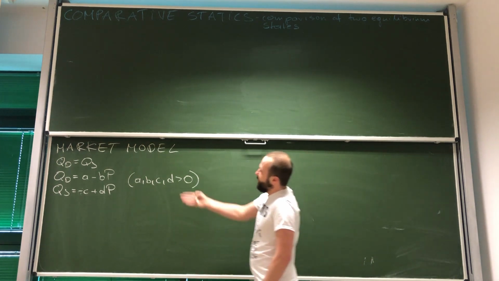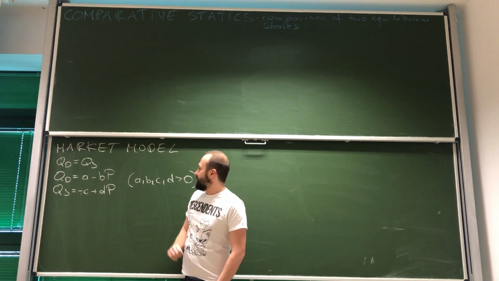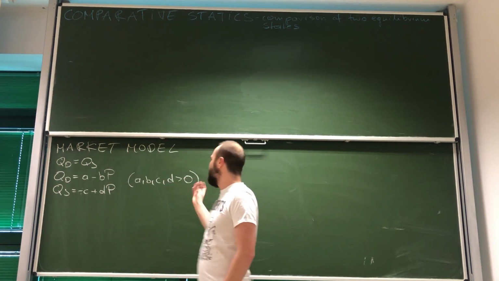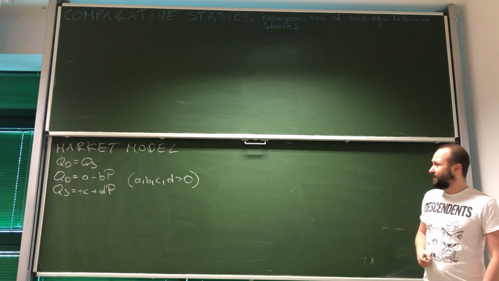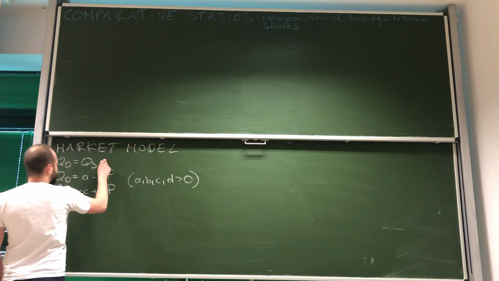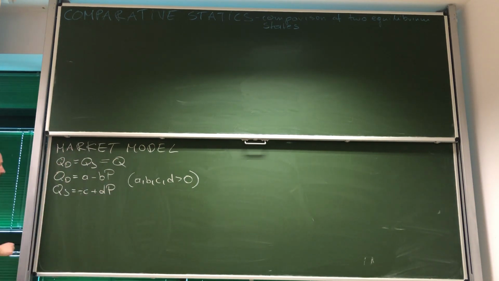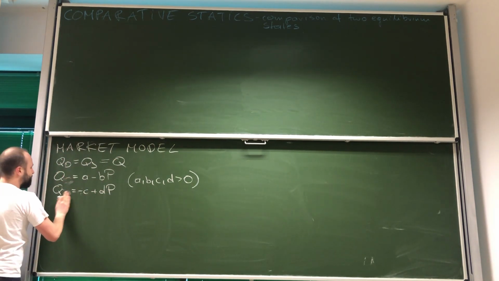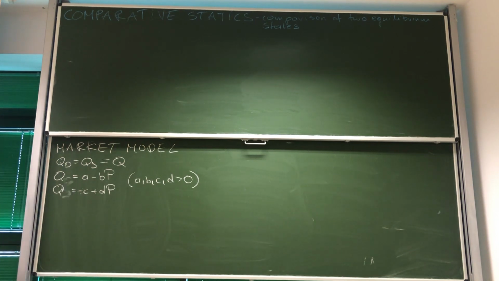Okay, so the model is given by these three equations, the same ones we had previously. We know that in equilibrium, quantity demanded and quantity supplied are the same, so we can reduce this model to just two equations and solve them using Cramer's rule.